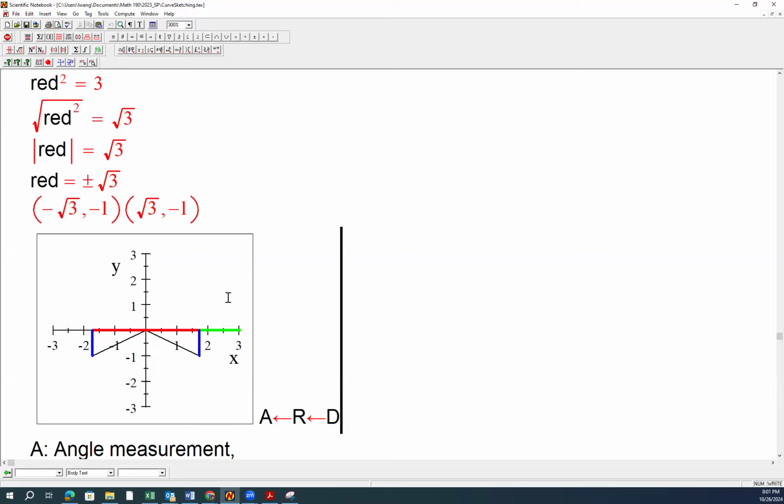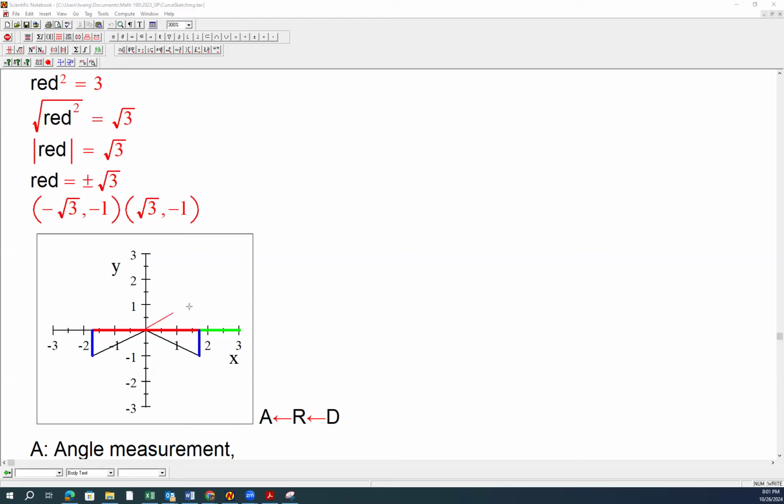It's an equilateral triangle if, okay, I just want to refresh you. If we draw another blue, oh, sorry.